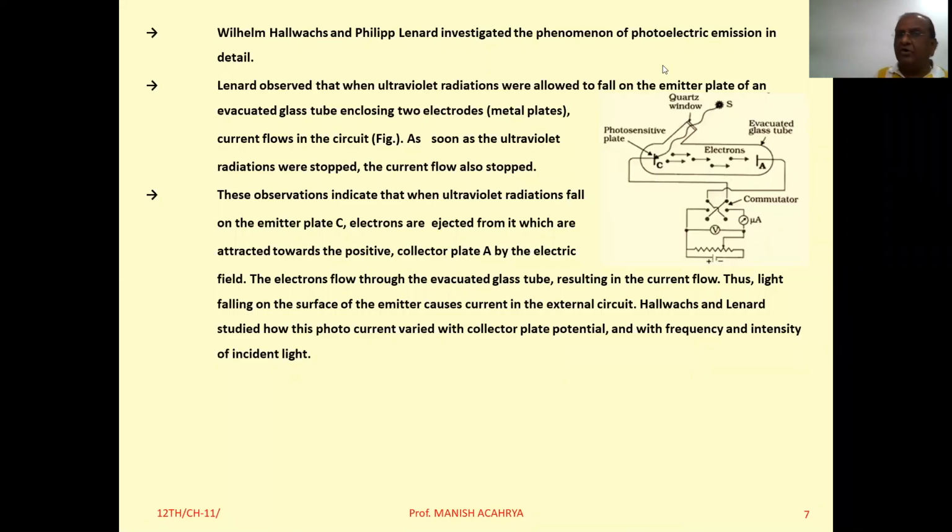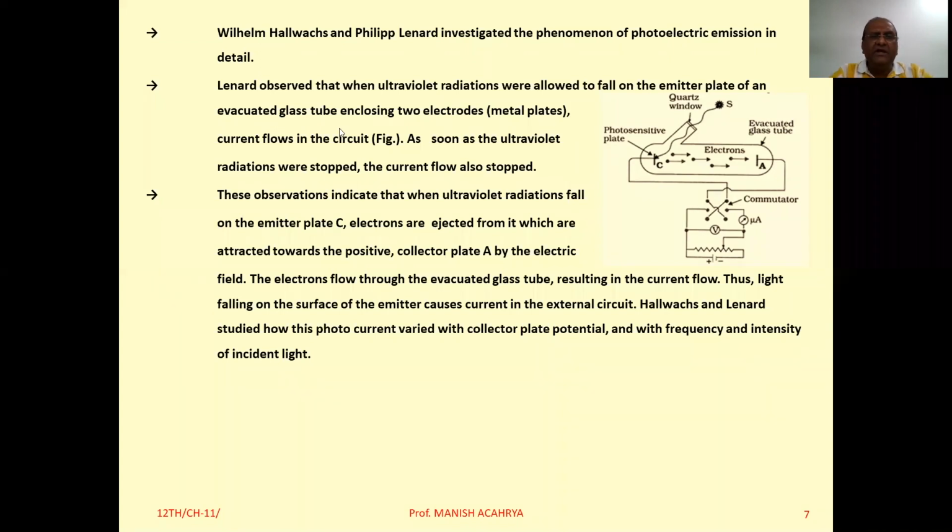Then Hallwachs and Lenard investigated this photoelectric effect in detail, and they studied the characteristics of this photoelectric effect. For that, the experimental arrangement was made as shown in the figure.